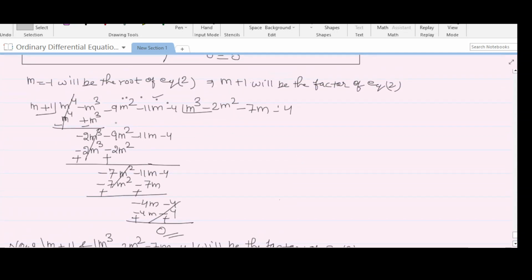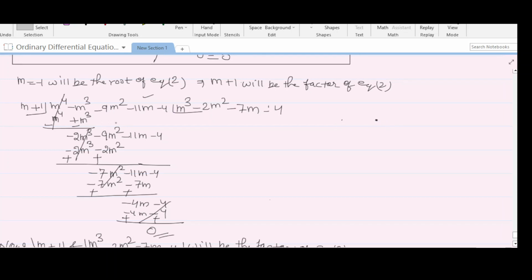Okay, so as we know that if we divide a polynomial a(x) by a polynomial b(x), we get a polynomial q(x) and remainder 0, then a(x) can be written as b(x) multiplied by q(x).